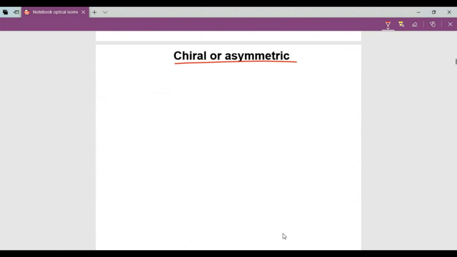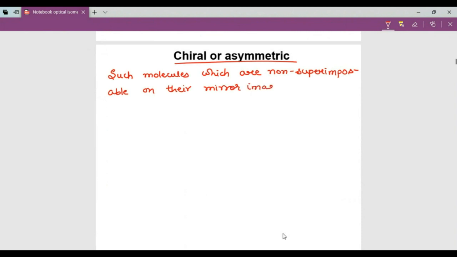But to cut it short, all I would say is that such molecules which are non-superimposable on their mirror image are called chiral or asymmetric.